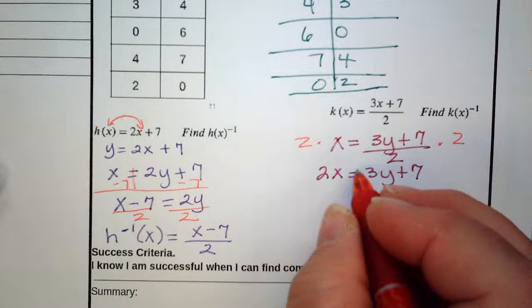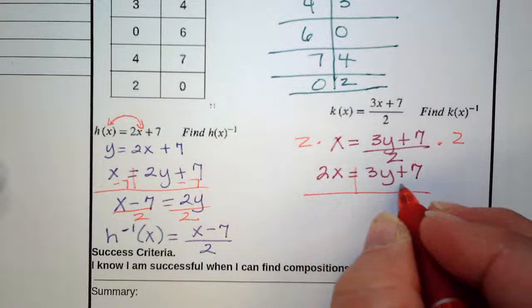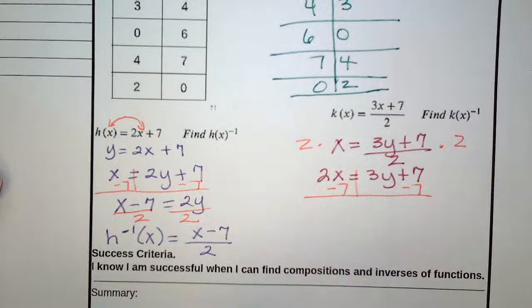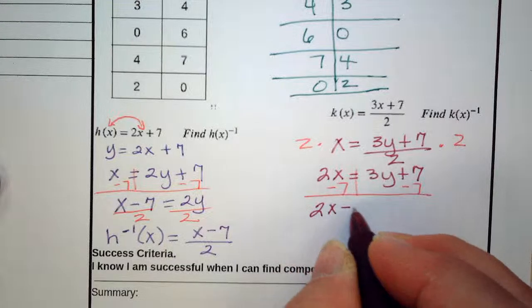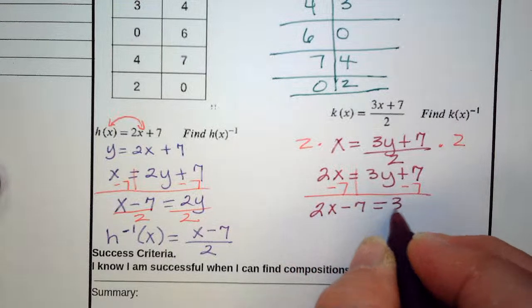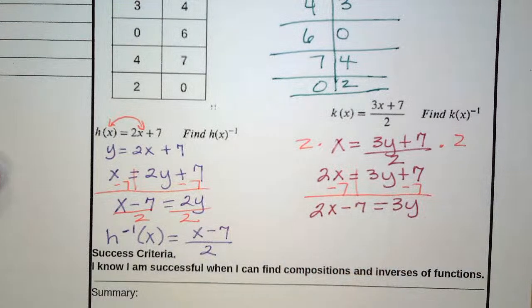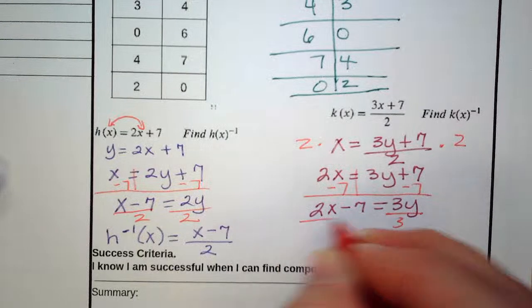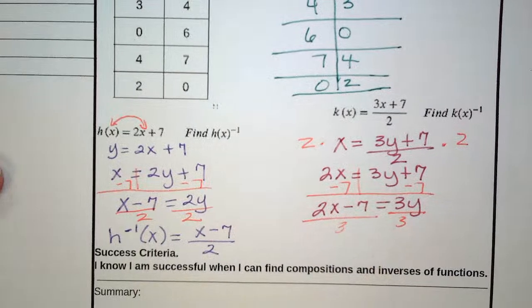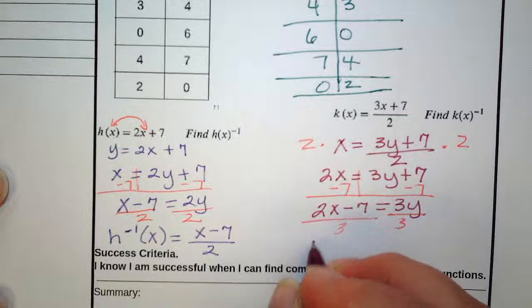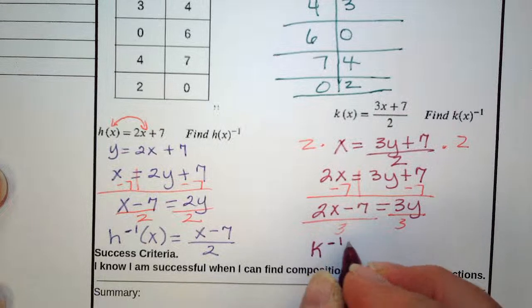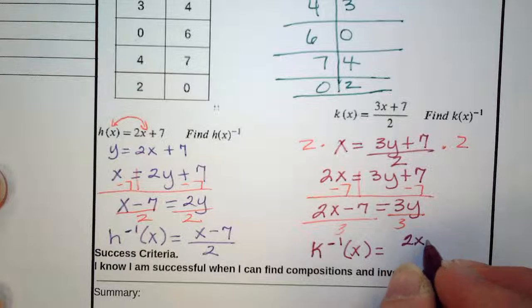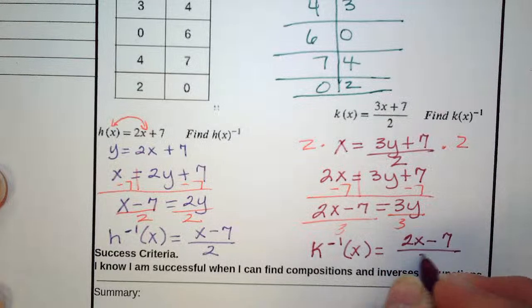Second step, subtract 7. 2x minus 7 is equal to 3y. Last step, divide by 3. So when I take k and I look for my inverse, it becomes 2x minus 7 divided by 3.